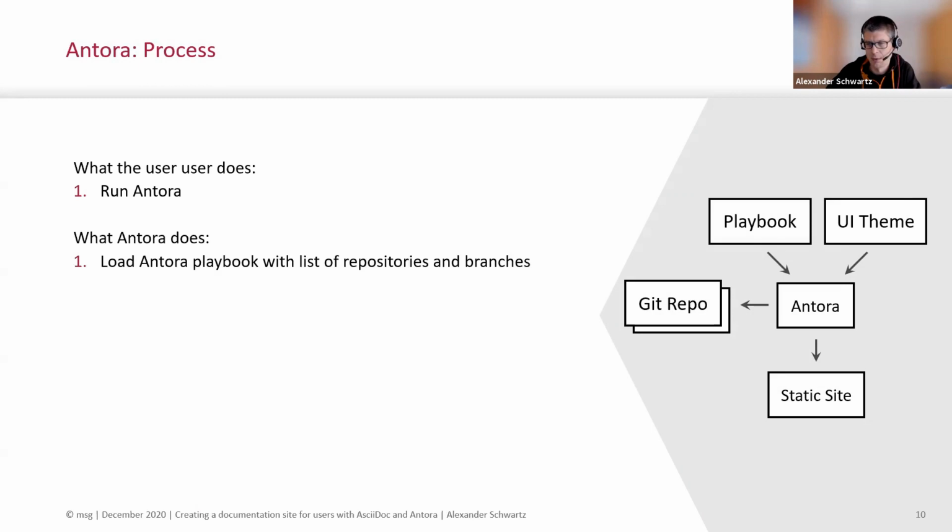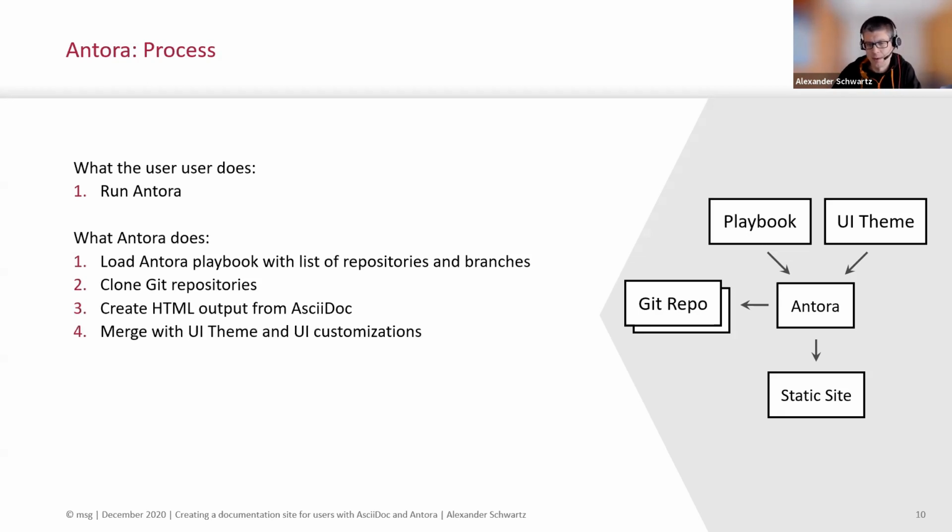A playbook is a YAML file with a list of repositories and branches where it should pull the content from. It clones all these Git repositories that you referenced, creates the HTML output from AsciiDoc, merges it with the UI themes and customizations that you did, and generates maybe a search index if you want to have a search index, and finally creates an output folder for a static site.